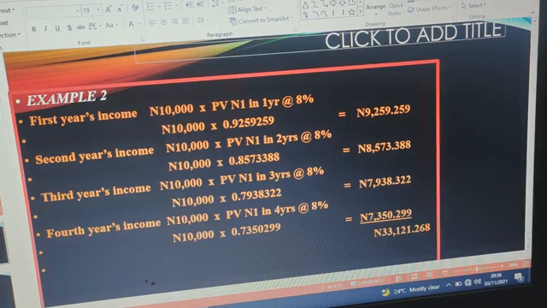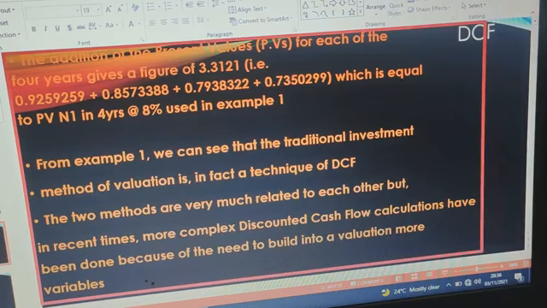N10,000 x 0.7350299 equals N7,350.299. Total: N33,121.268.